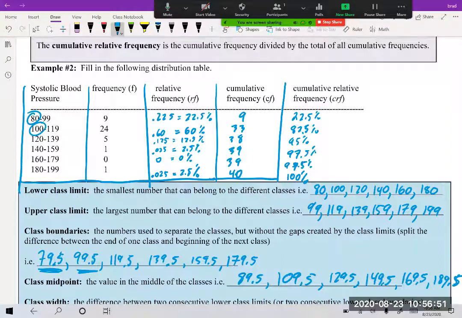How far is that? That's 20. What about from this lower class limit to this lower class limit? That's 20. We could also do it with upper class limits. How much from that upper class limit to that upper class limit? 20. So the class width is 20, but if you don't pay attention, you might accidentally say, oh, it's 19. It's not, it's actually 20 because they're counting the 80 as one of the numbers.